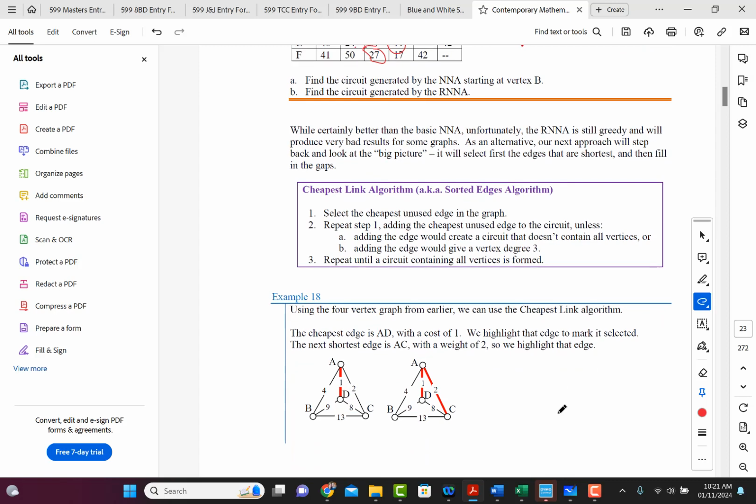So the first thing we do is look at the graph that we looked at. We look at the cheapest edge on the graph, which is the 1, right? So the 1 which connects, not AC, AD.